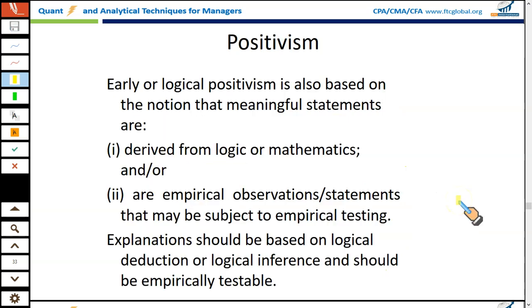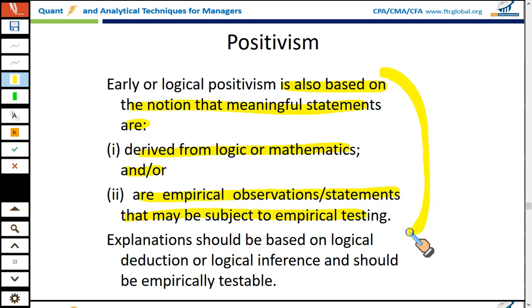Early or logical positivism is also based on the notion that meaningful statements are derived from logic or mathematics and/or empirical observation statements that may be subject to empirical testing. What does it mean? Logical positivism is a philosophy that says that meaningful statements must come from logic or mathematics.